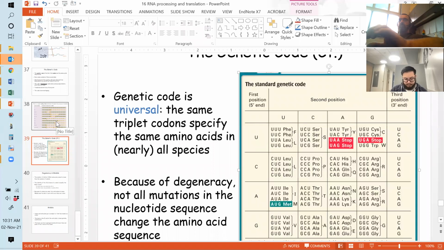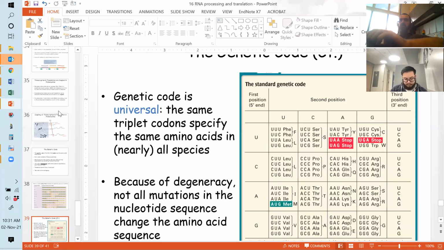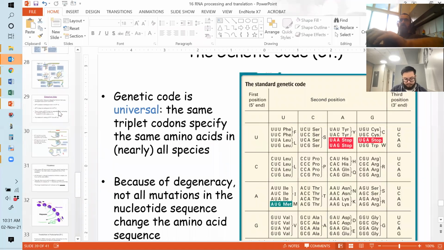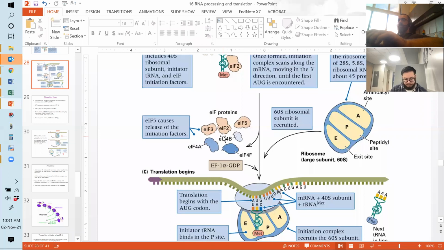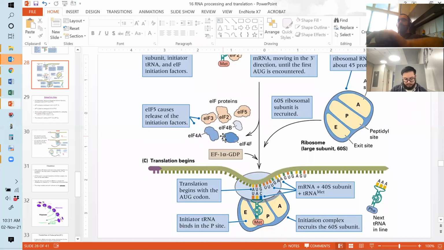reading frame, right? Because the reading frame is entirely determined by the start codon. So wherever the start codon is, the reading frame is from that point. So the next word is UUU, the next is GAA, GUG, AGU, so on and so forth, right?